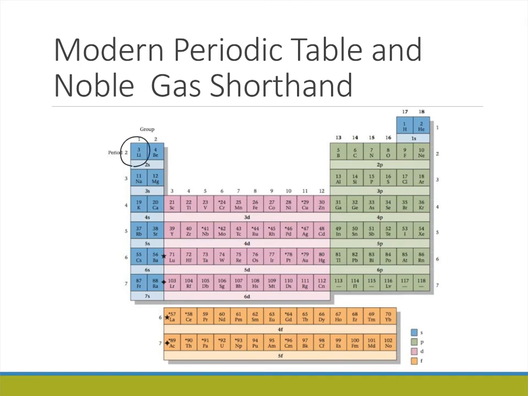So the shorthand is I look to the element that I have, and I look to the noble gas prior to that element. The noble gas prior to lithium is helium. So what I do is I write helium in brackets. This means that I have all of the electrons that are associated with having helium, the 1s2, okay?